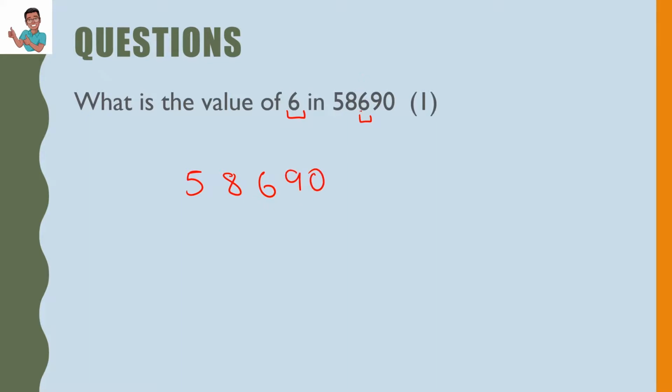We're in the 3 numbers here, so we'll write units, tens, hundreds. Right. We know that the 6 is in the hundreds, therefore 6 must have the value of 600, since when we're in the hundreds column, we multiply by 100.